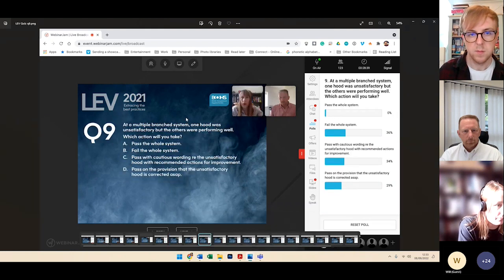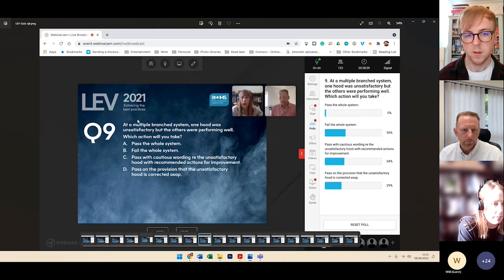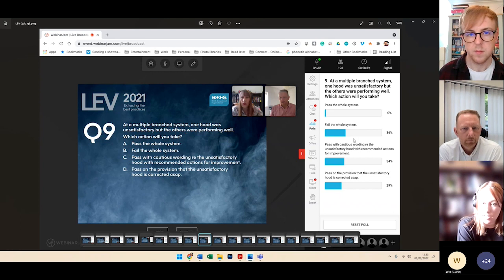Another one, just as an example: we have a multi-branch system. Everything's hunky-dory other than one hood was unsatisfactory. Everything else was fine. What do you do? A one-third split here. We got fail the whole system, pass with cautious wording, or pass on provision that the hood's corrected ASAP. Okay. The difference between a pass and a fail, if we're going to talk about RAG, red, amber, green, is one of our first questions.